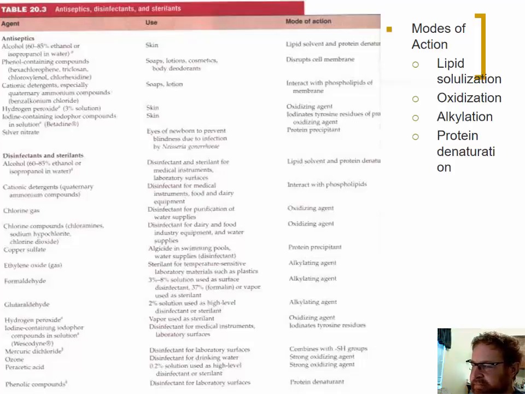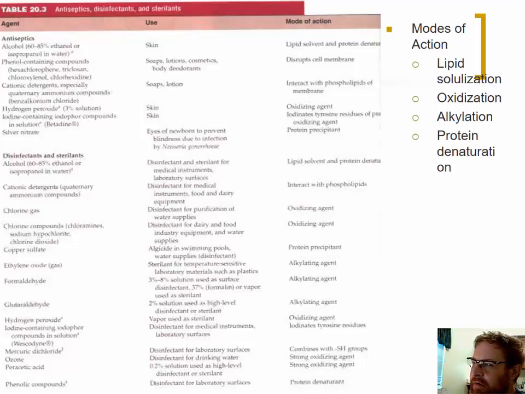And this is just a big table of a number of different antimicrobials, and you'll see that all of them are either solubilizing the lipids or the cell walls, or they can oxidize them, or they can denature things.